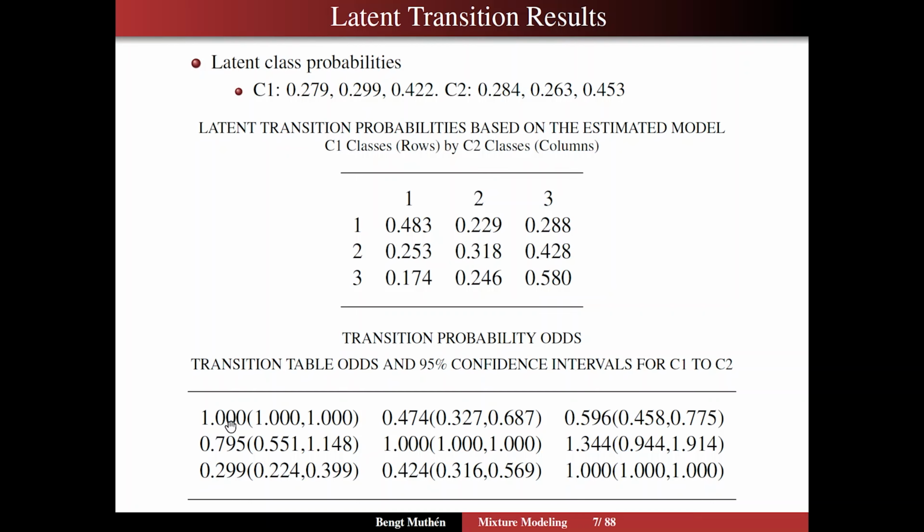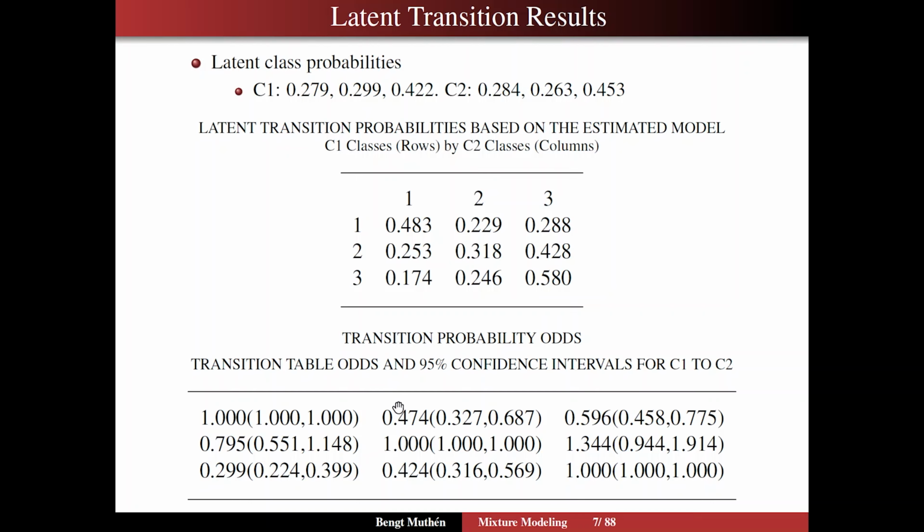So it's significantly less than the 1 odds here, which says essentially that the probability of moving to class 2, 0.229, is significantly lower than 0.483 in the odds metric. The odds for moving to class 3 versus staying in class 1 is a little bit higher, because that probability is a little bit higher.